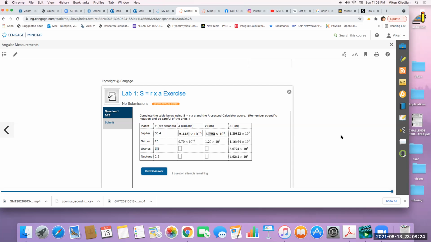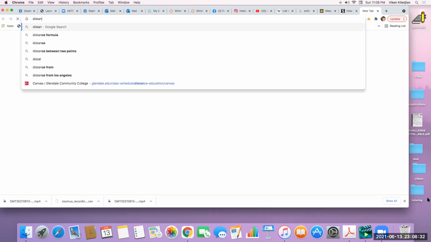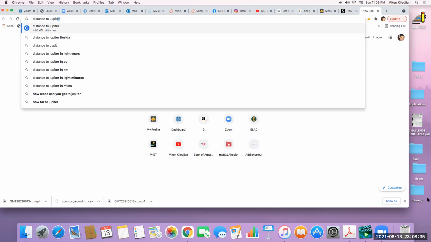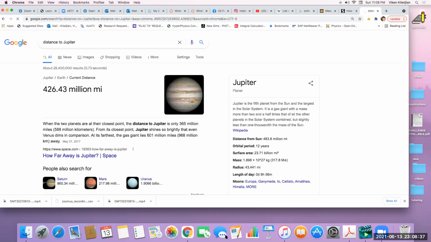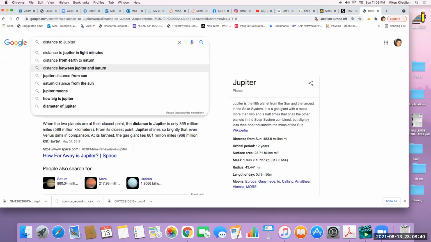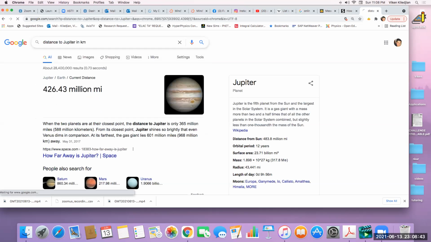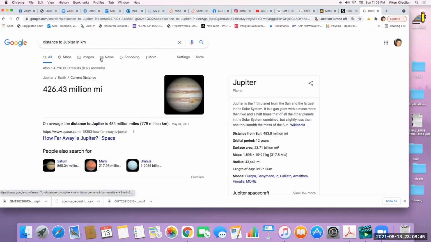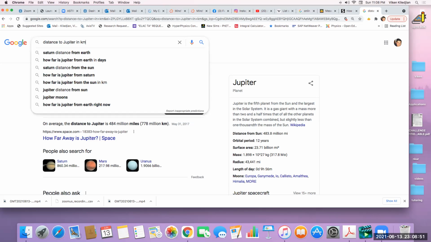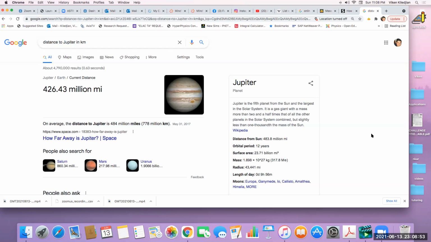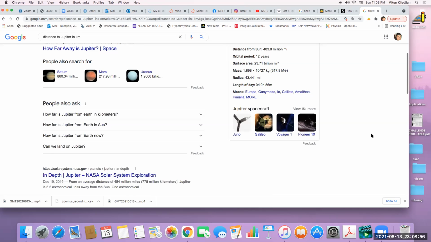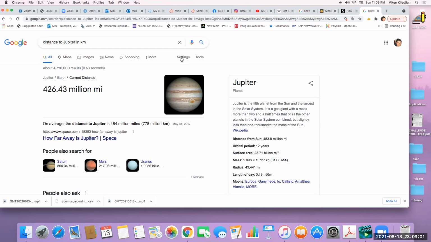Well, let's check for a second if the Jupiter values came out okay. What's the distance to Jupiter in kilometers? It keeps giving it to us in miles. The other way to look at it is always just through Wikipedia.